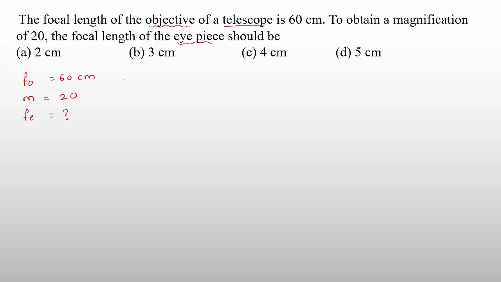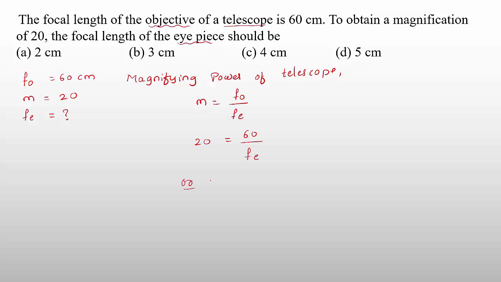So we already derived the magnifying power of a telescope in our regular classes, that is, the magnifying power of a telescope is given by M equal to FO divided by FE. Use this equation, substitute the value, so we will get the focal length of the eyepiece. M value is given 20 equal to FO, which is 60, divided by FE, or FE equal to 60 divided by 20.